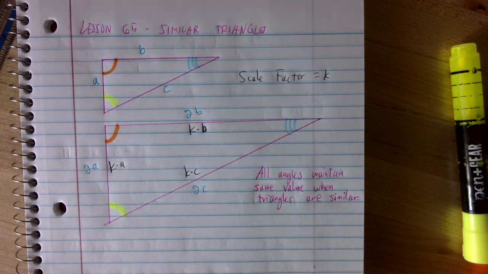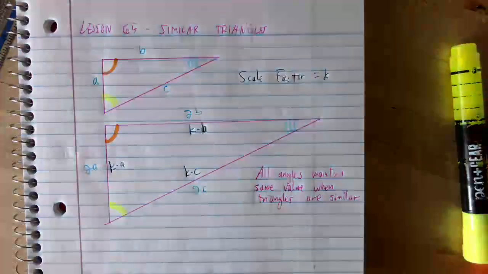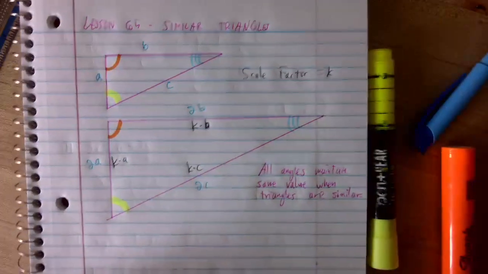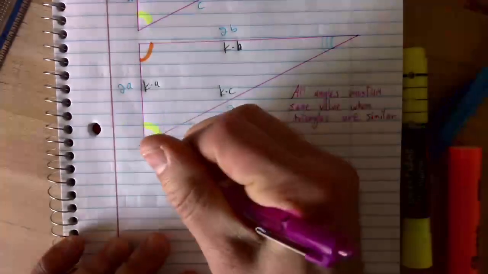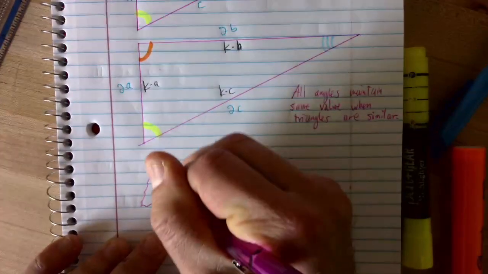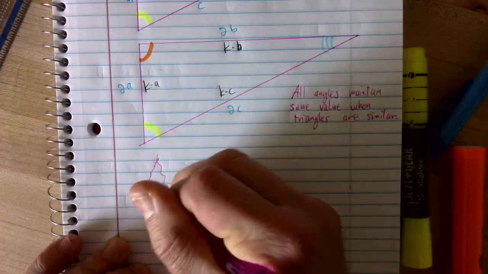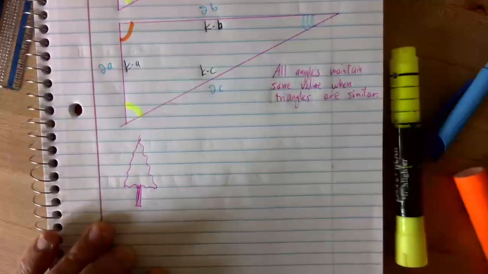So why not instead, we could use something like this. Okay, there's my tree. Beautiful. All right. And it's really tall. Let's say we don't know how tall it is.